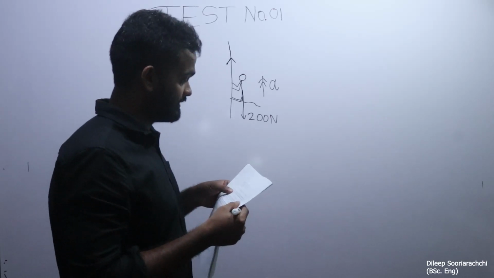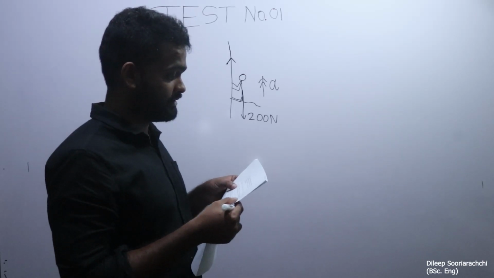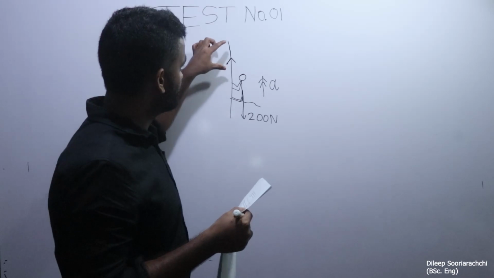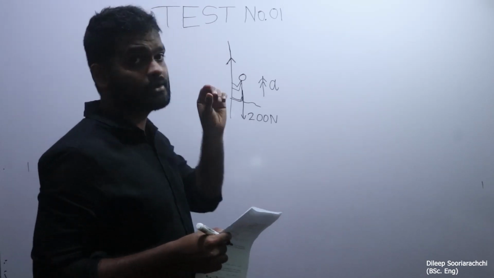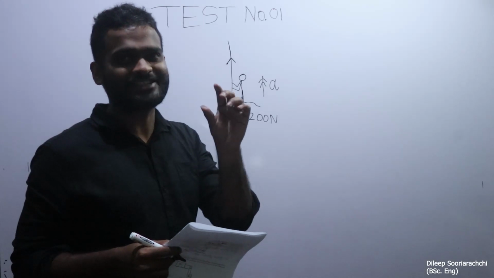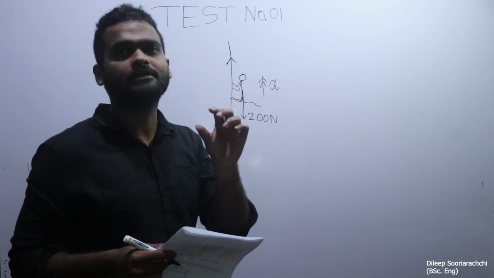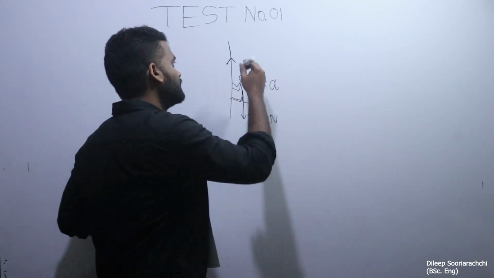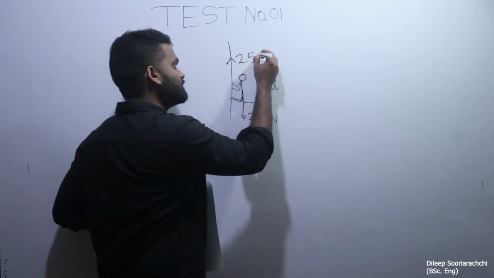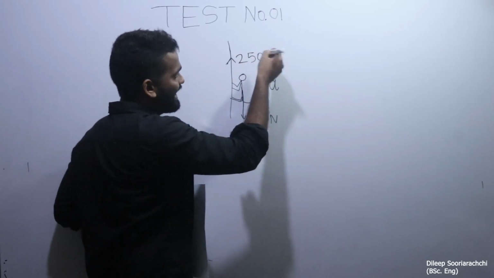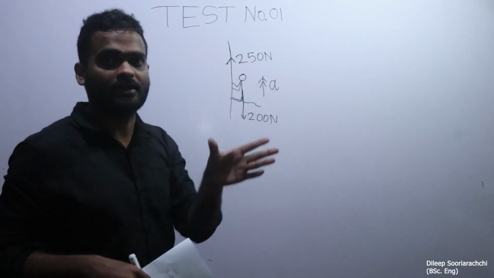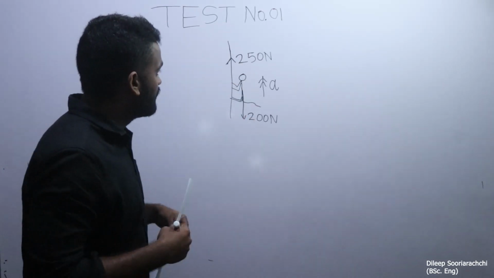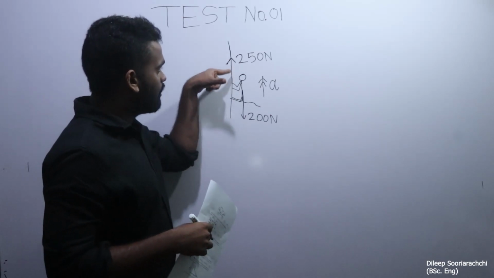So they say that the maximum weight the rope can withstand is 25 kg, so 250 newtons of tension can be withstood by the rope. This is the maximum tension that the rope can withstand. That is 250. So you have to understand that this 250 is on the monkey.